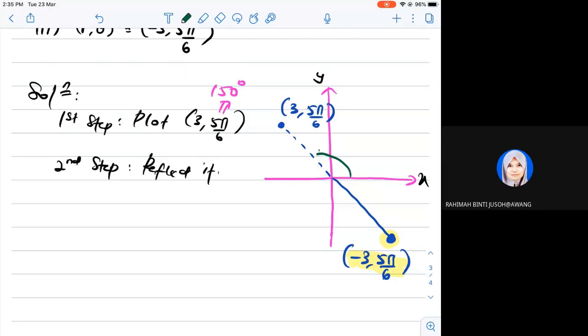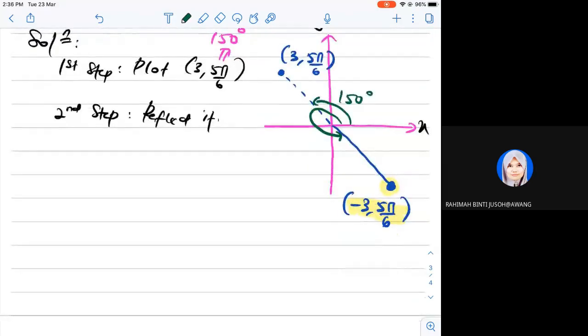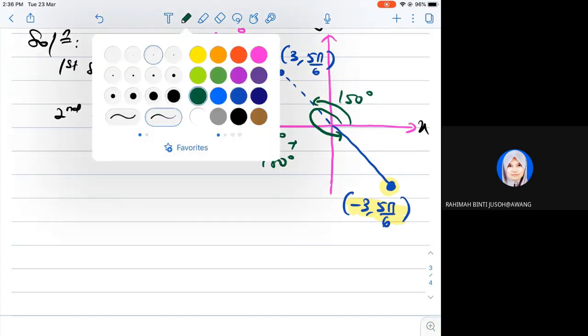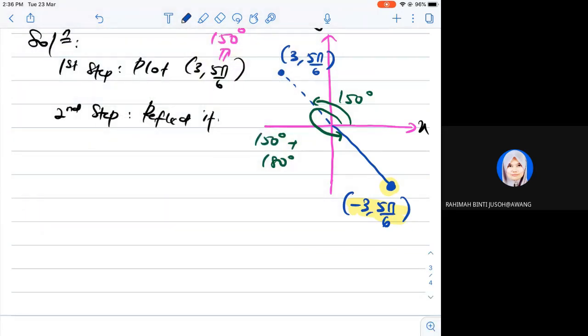This is 5 pi over 6, 150 degrees, isn't it? Now from here to here, roughly how many degrees? 360 minus 30 is 330. 150 plus 180, yes, 150 plus 180 degrees, isn't it? So in other words, the same coordinate down here can also be written as 330 degrees.